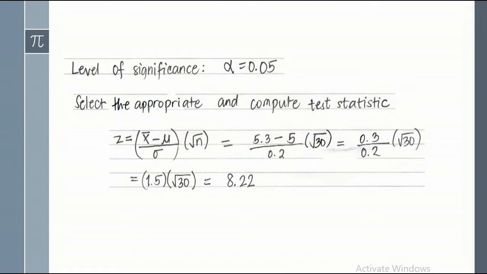That would be equal to 5.3 minus 5 over 0.2 multiplied by square root of 30. That is 0.3 over 0.2 multiplied by square root of 30. That is 1.5 multiplied by square root of 30. That is 8.22.